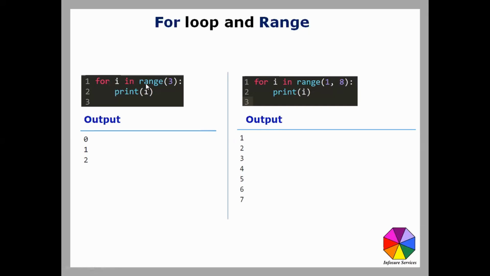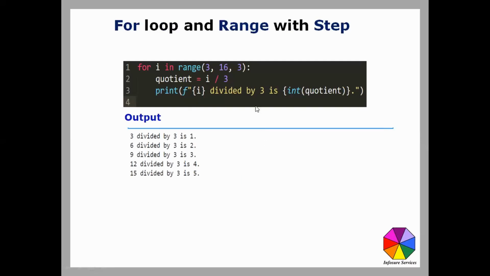So range of 3 gives 3 numbers, and range of 1, 8 will generate 7 numbers, 1 to 7. Range always skips the end value. So that is the output for range.